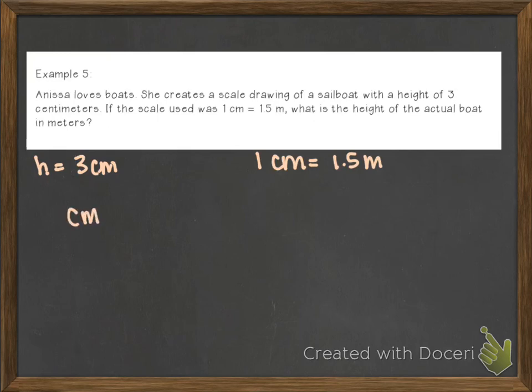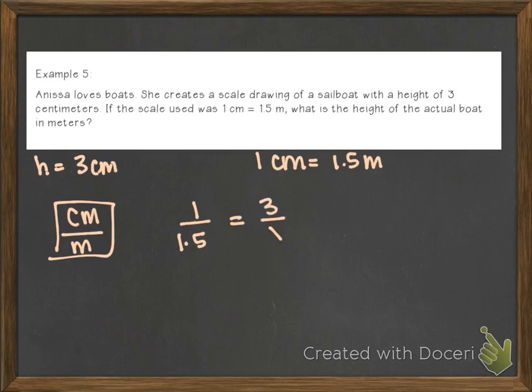So again, this is about setting up a proportion using this word ratio of centimeters over meters. We know that 1 centimeter is equal to 1.5 meters, and we know that Anissa's boat is 3 centimeters, therefore how many meters is it?